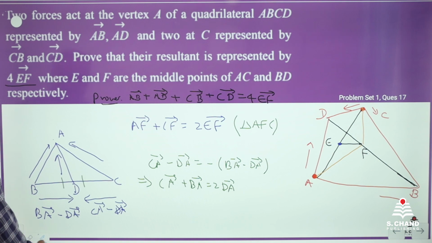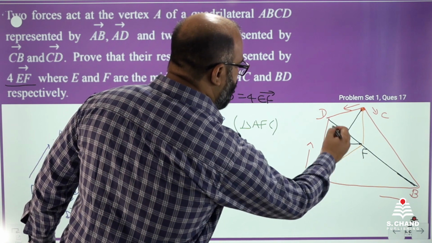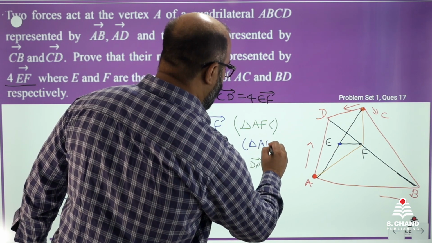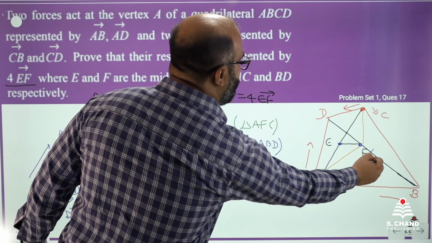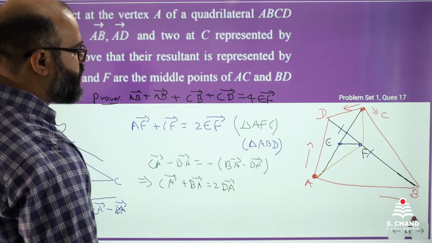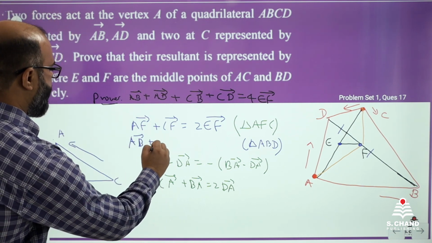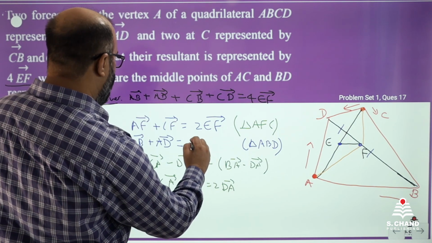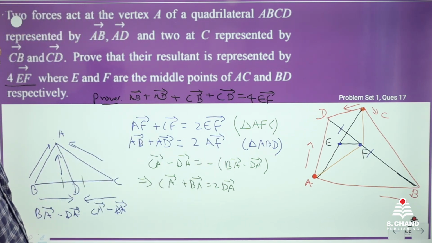Now after applying this result here, you can also say that for this triangle ABD, F is the median because F is the midpoint here. So we can also say that AB plus AD is actually equal to twice of AF. So this will be twice of AF. We can write it like this. Okay.